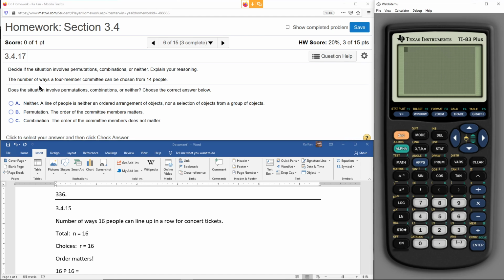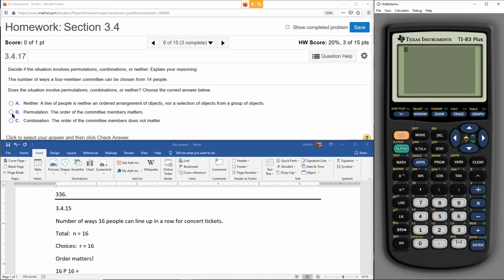The number of ways a 4-member committee can be chosen. So committee, you're talking about different positions now. They should be a little bit more specific, because if you go to the House of Representatives or the Senate, a committee can have peers, equal ranking. But the committee they are talking about could be like a president, vice president, secretary, speaker, whatever.